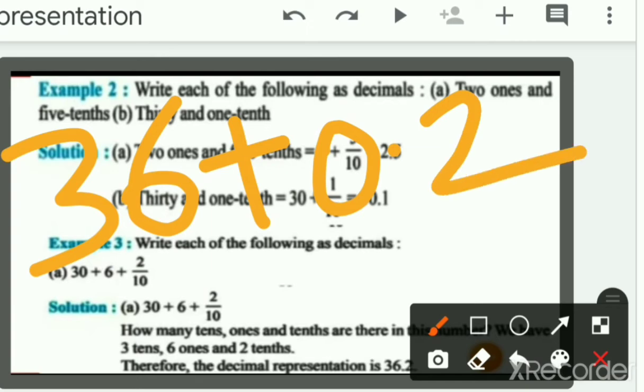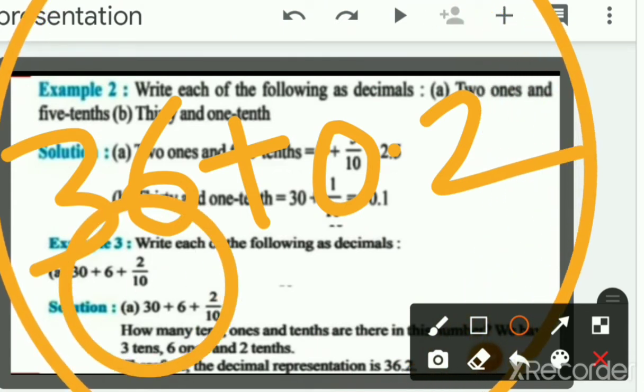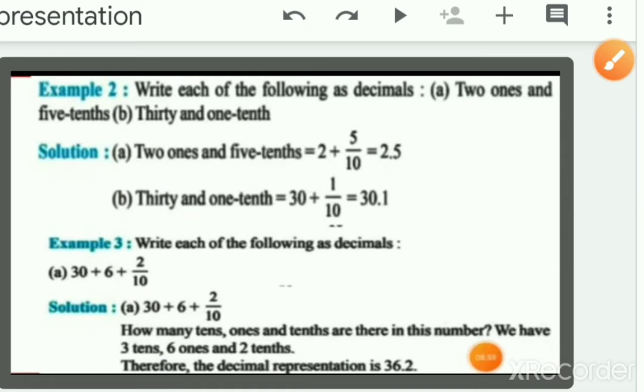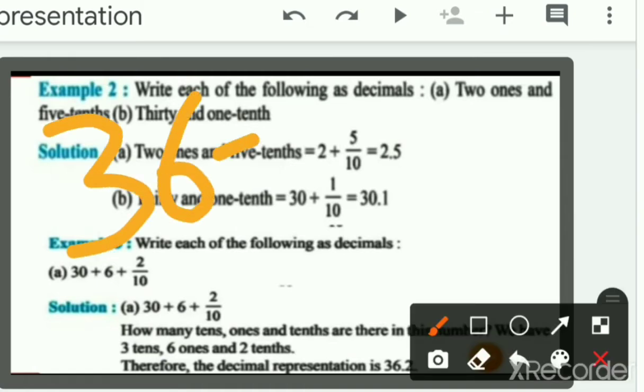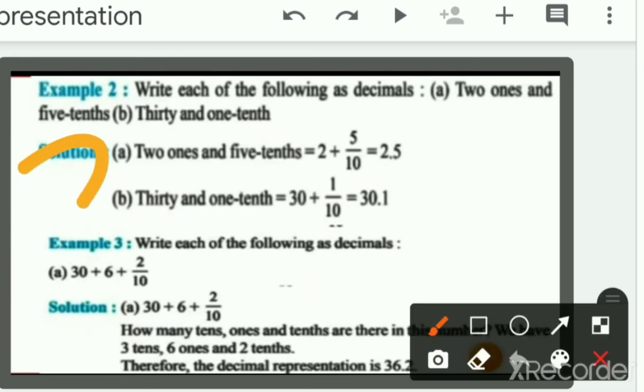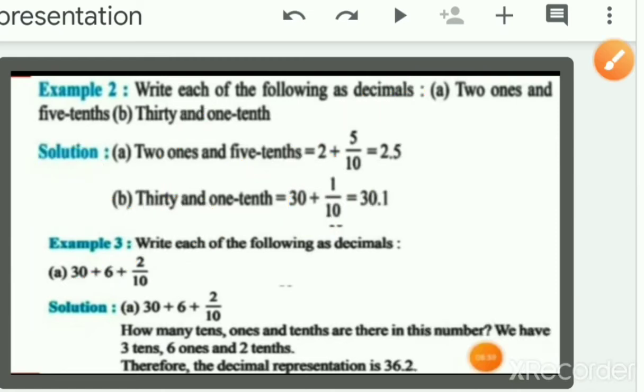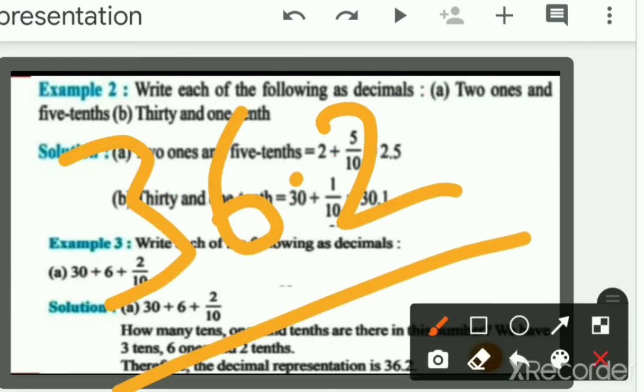As I have already told you, if there is a number and a decimal, again I am writing 36 plus 0.2, directly that number and that decimal will come. The answer will be 36.2.